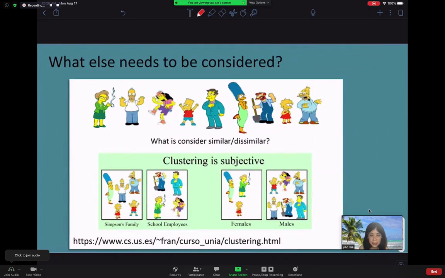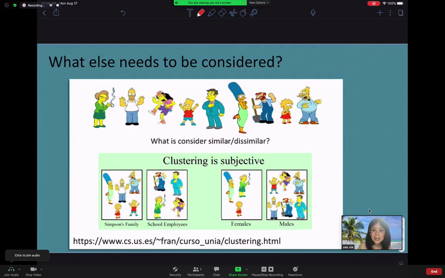Okay, so now we have a pretty good understanding of k-means. And there's one interesting point I would like you to think about, which is how do we define similarity in the k-means algorithm? The definition of similarity is quite subjective if you think about it.